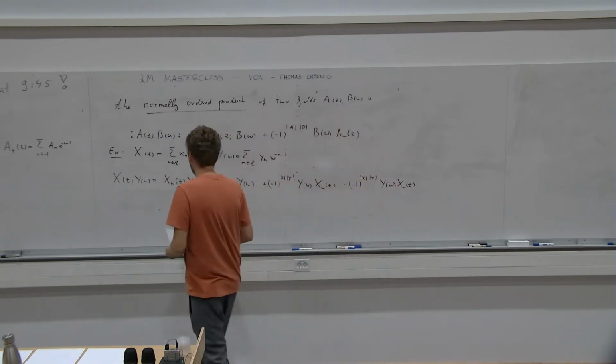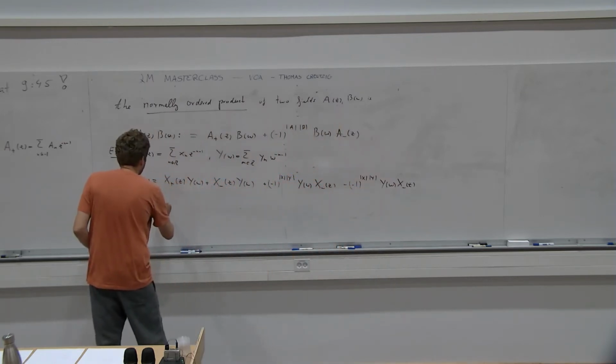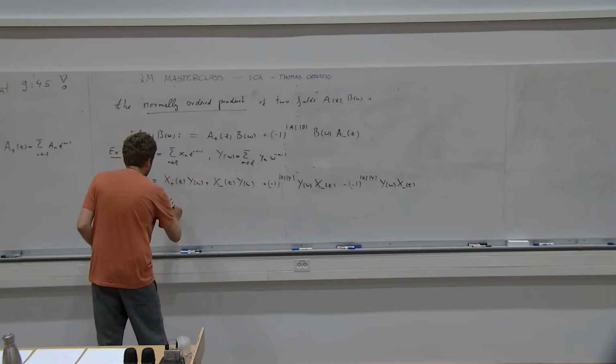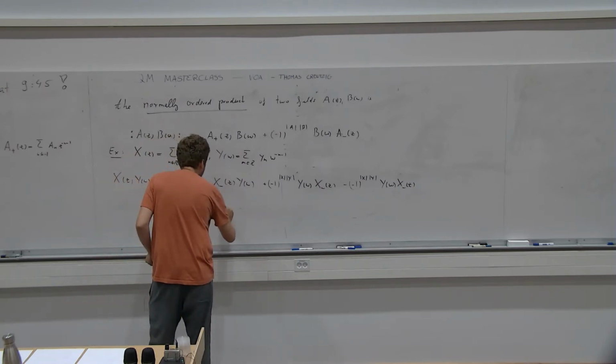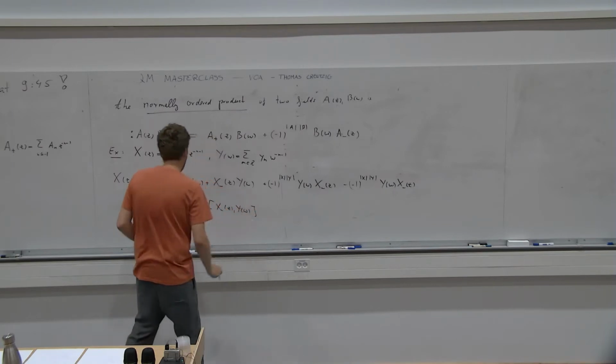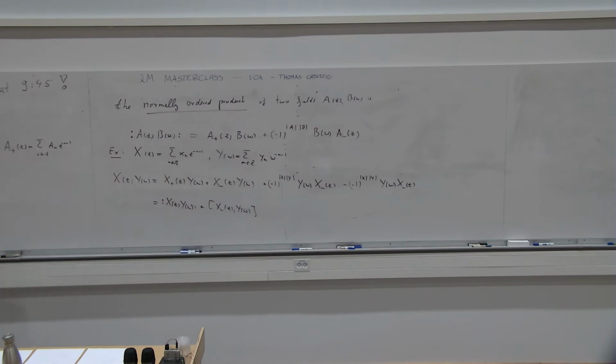So we see, the normal ordered product makes the ordinary product of two fields into the normally ordered product of the two fields plus the commutator of just the negative part with the second field y. And that's kind of nice because now I can redo the computation of last lecture, and instead of the delta distribution, we get kind of half the delta distribution, which is much nicer, as you will see in a few minutes.